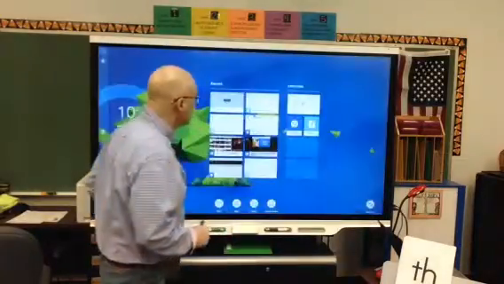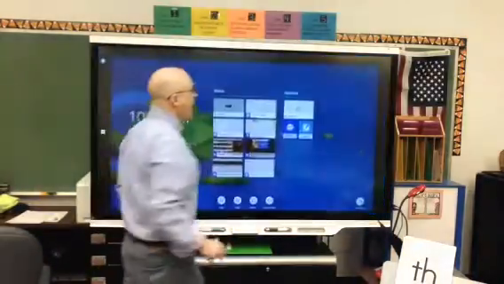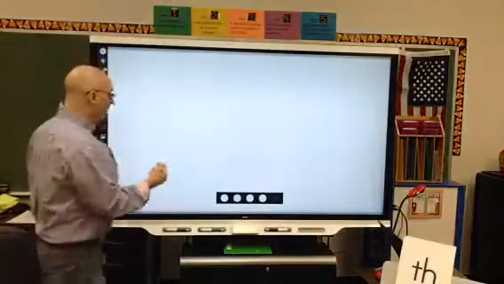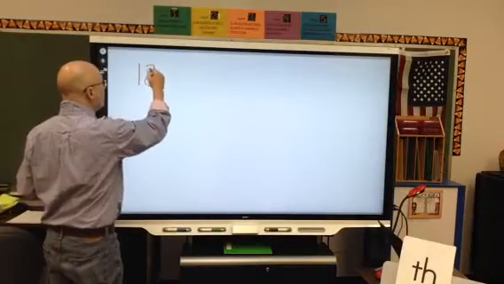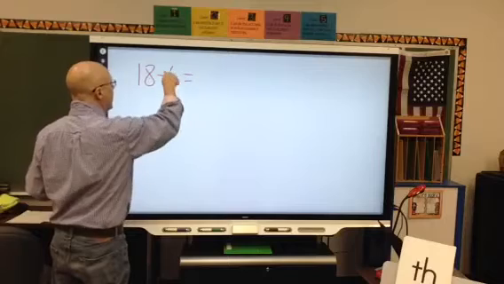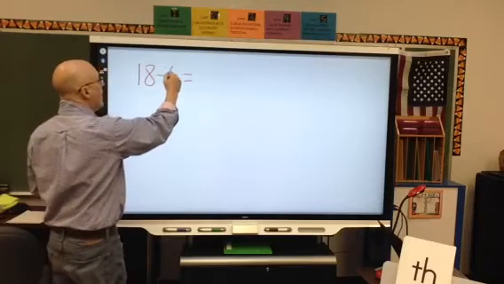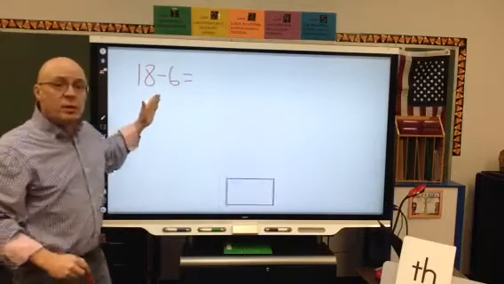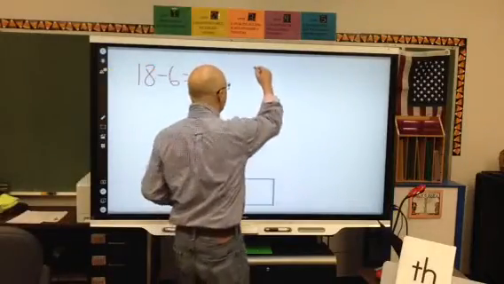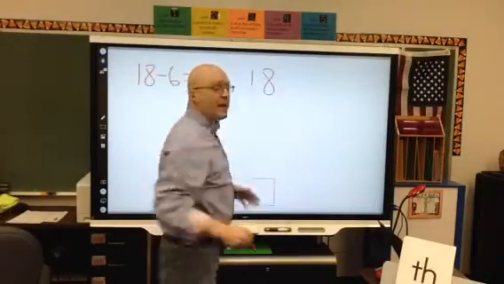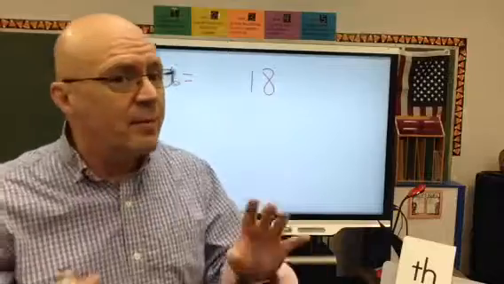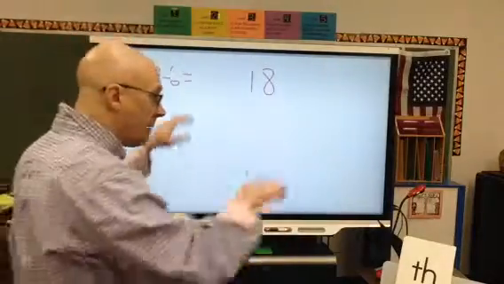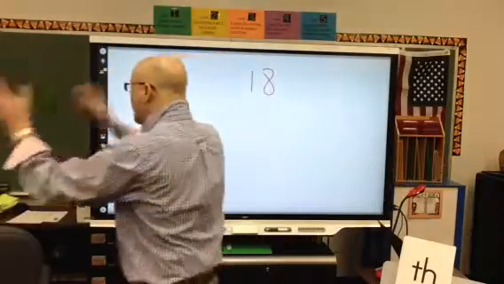18 minus 6. So we talked about how when we have a subtraction problem that looks like that, right? This first number goes on top, 18. Now when I line that up, first grade, remember when we talk about place value, we talk about ones, tens, and hundreds.